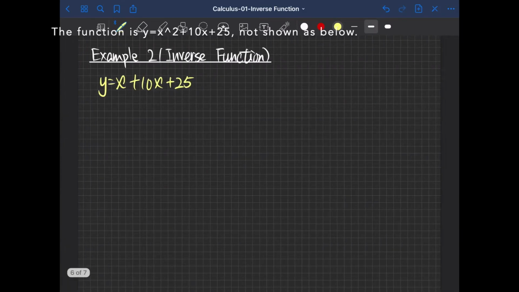The second example is y equals x squared plus 10x plus 25. So we do the factorization first. We write down two brackets first. We use the quadratic formula to solve it.